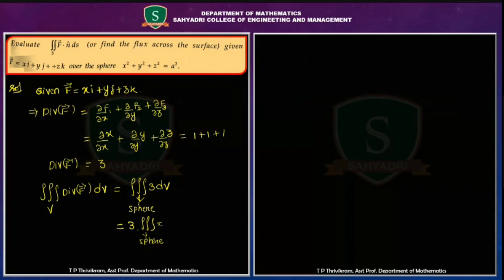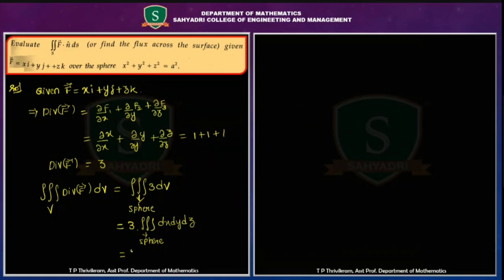So dV is nothing but dx dy dz. The integrand is not there, only the integral of dx dy dz is there.